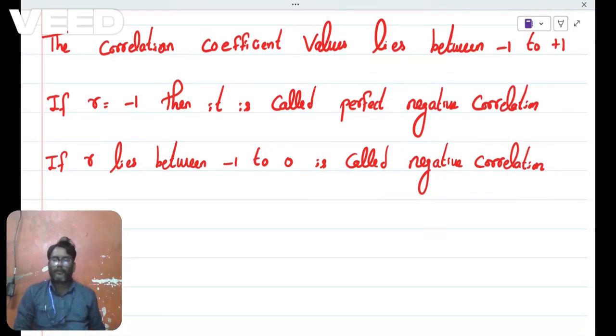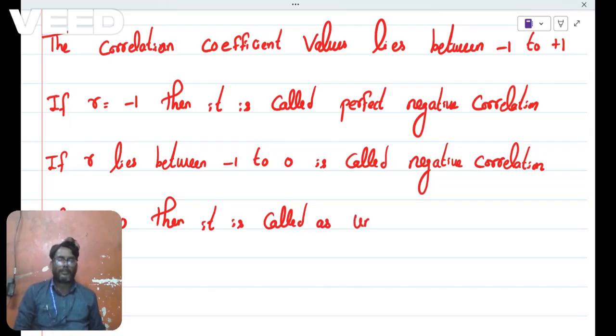If r is equal to 0, then it is called uncorrelated. That is, there is no relation between the data x and y.